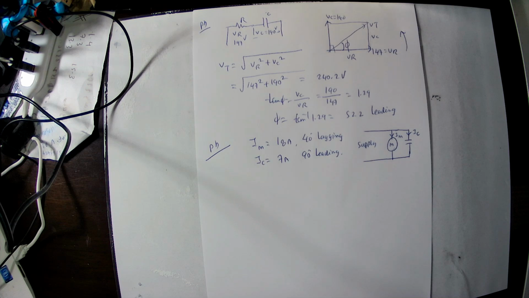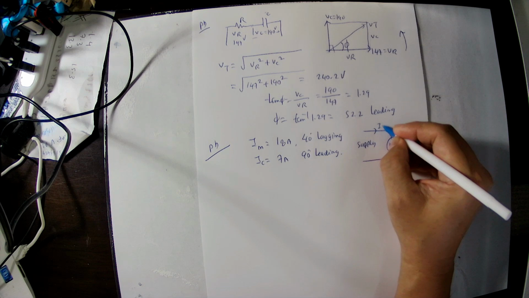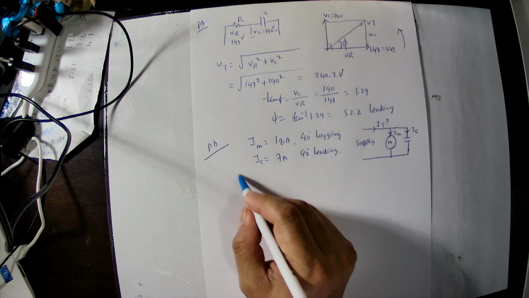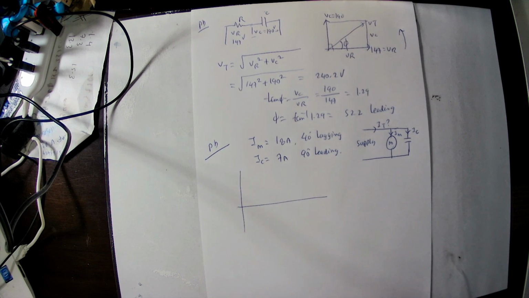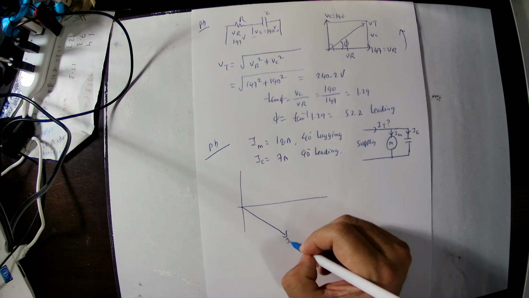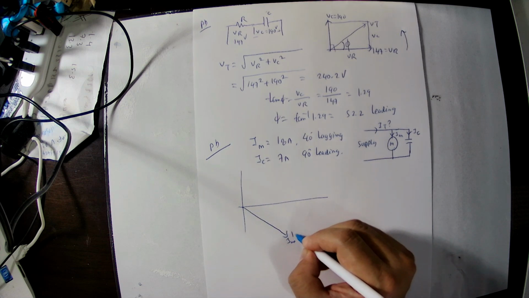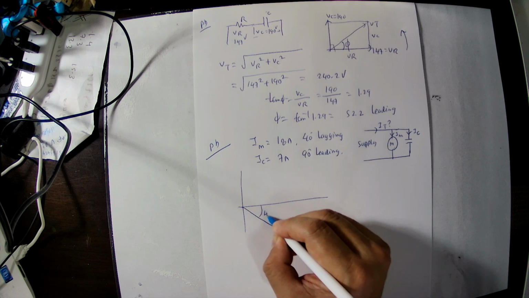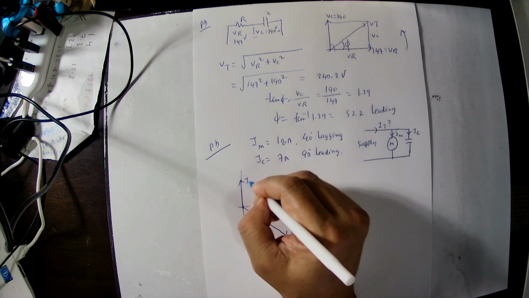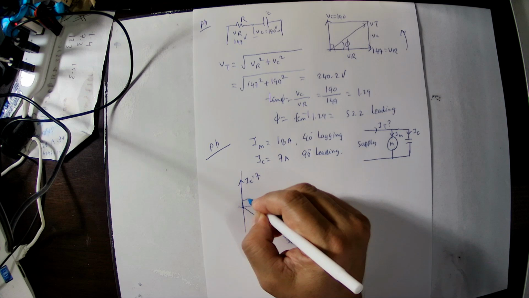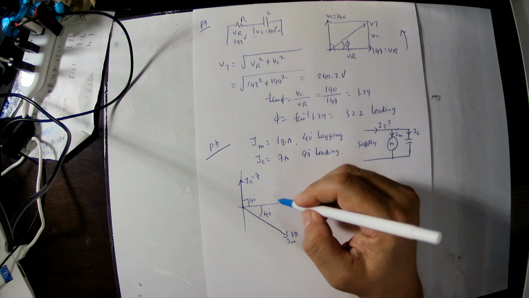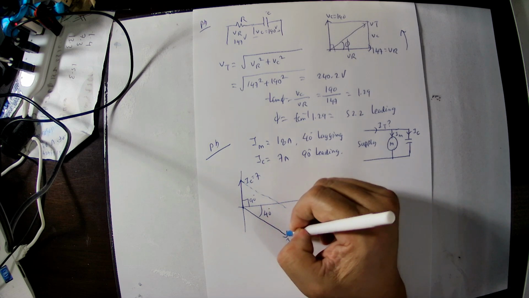Then we have to draw the vector diagram. So this is the horizontal here. IM is 18 ampere, 40 degree lagging. IC is 7 ampere, 90 degree leading. So we have to find out total current. Parallel diagram here, then we find the current ID.